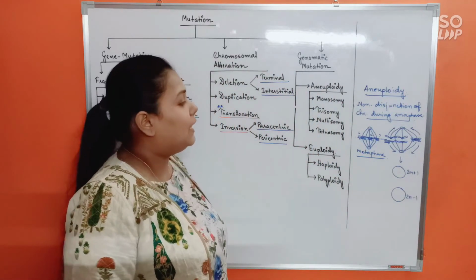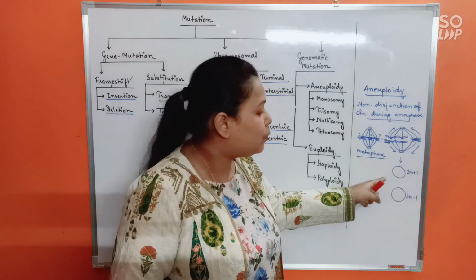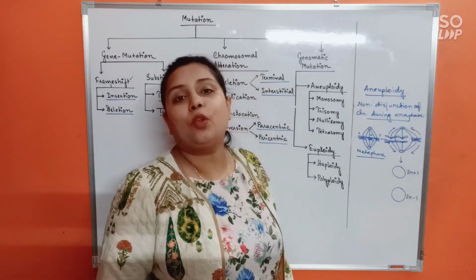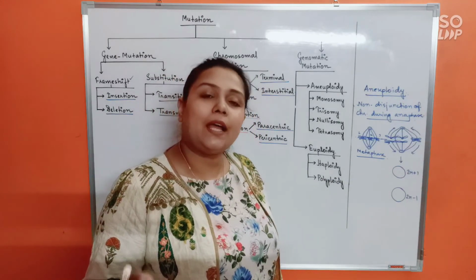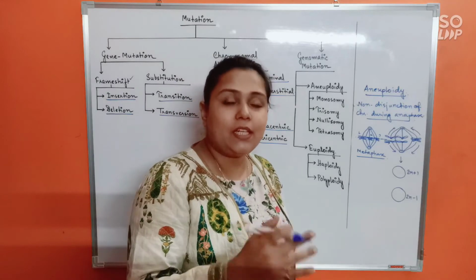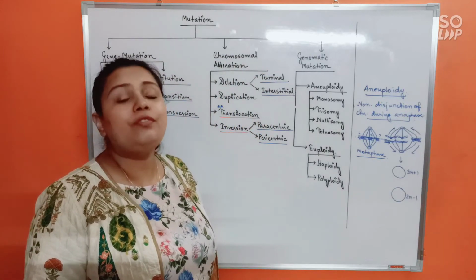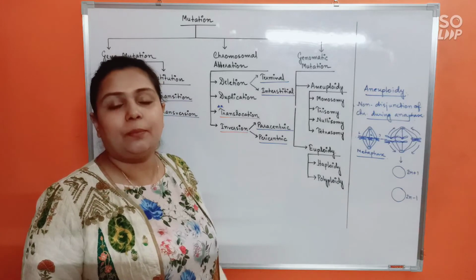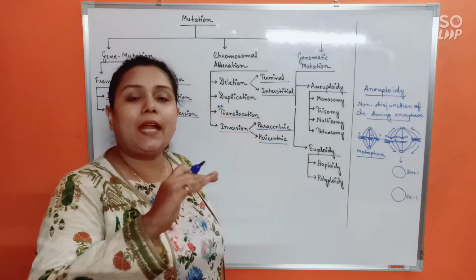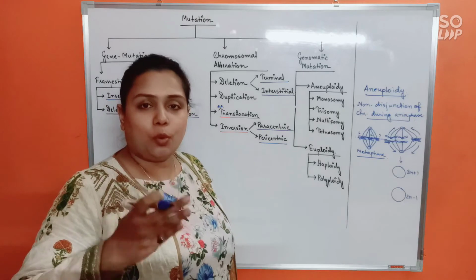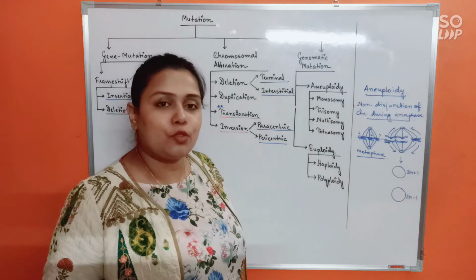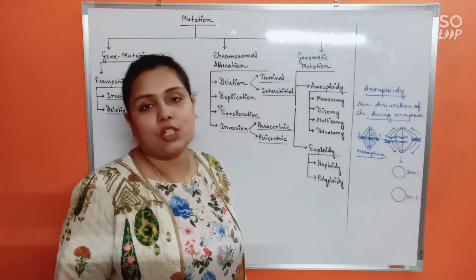So that kind of cell is known as an aneuploid cell, where one chromosome is either added or missing, and that all happens because of non-disjunction. That means not being able to split at the centromere. So, non-disjunction of chromosomes in the anaphase of cell division.